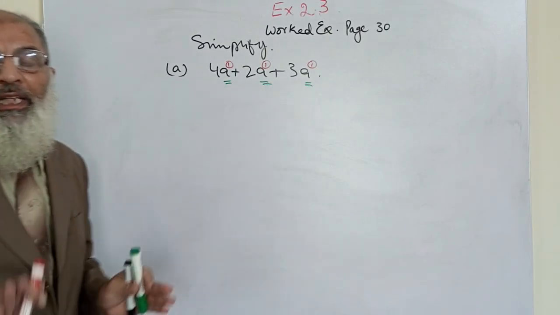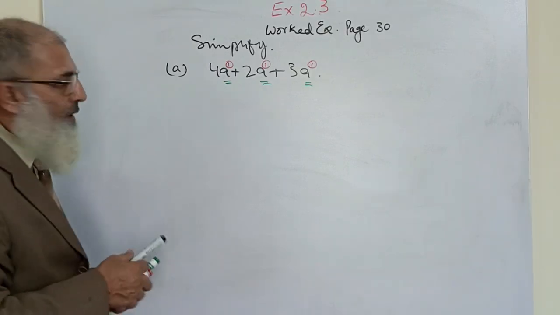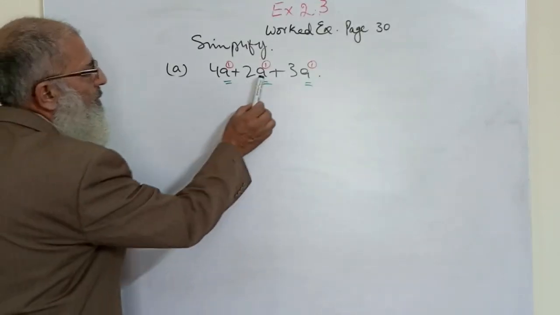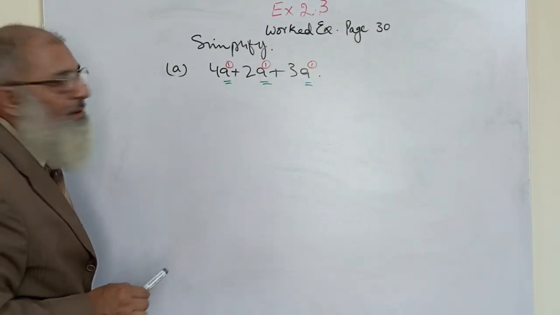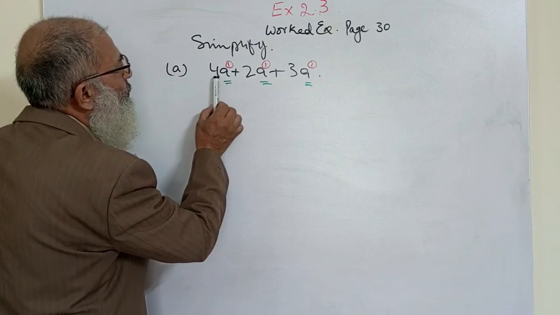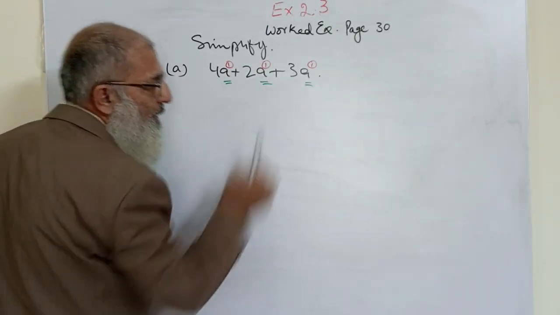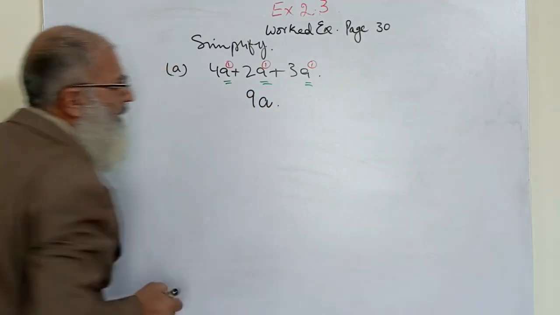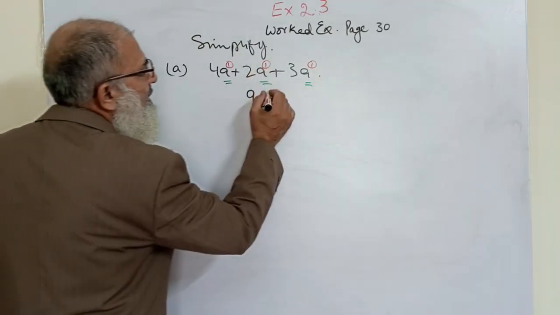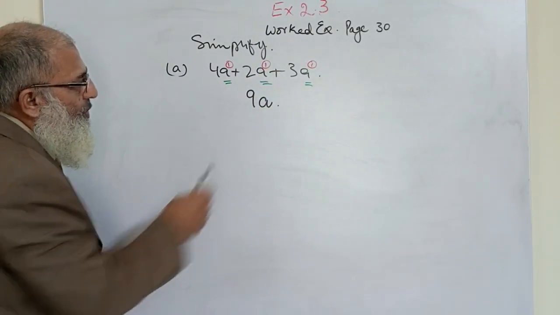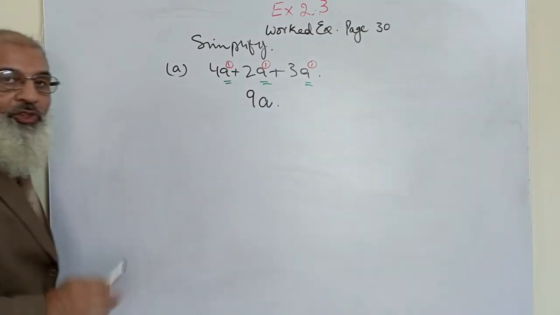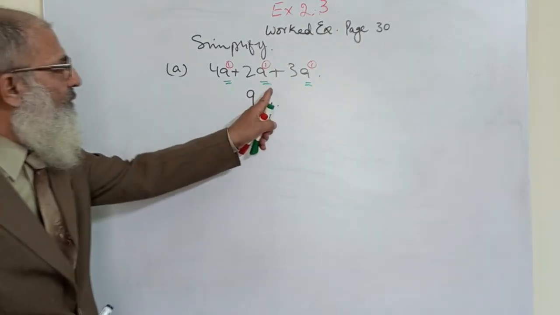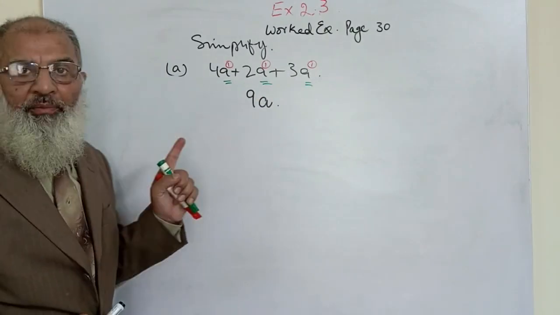So it is valid to be added together. So simply we have to add the coefficients, not these variables. 4 plus 2, 6, plus 3, 9, and the variable with its index will remain as it is. Now you see the index is 1 over here, which is not written. When 1 is there, we don't have to write 1 over here. So it will become 9a.